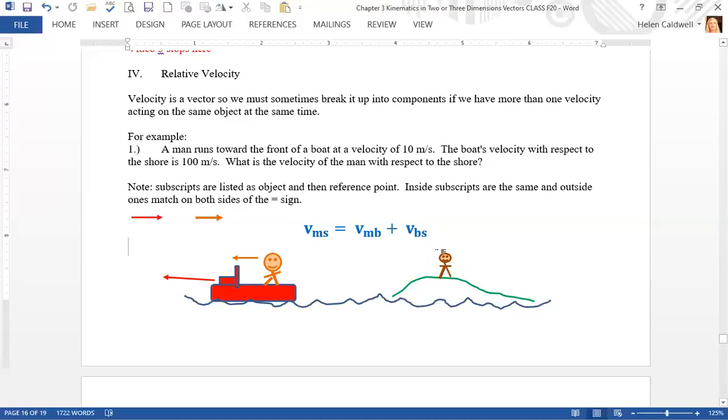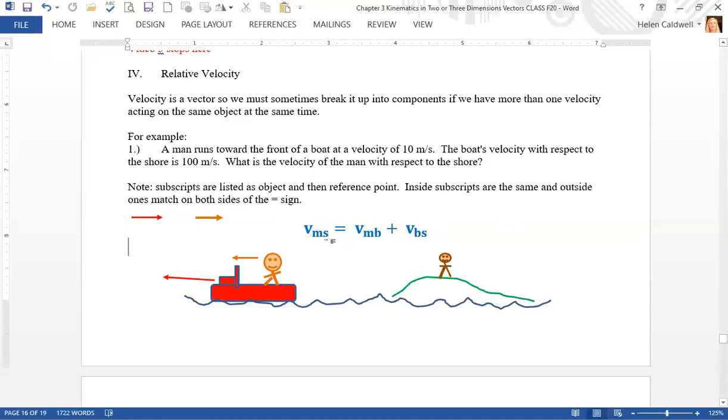So the guy over here standing around watching all of this is going to say, aha, you are moving away from me at 110 meters per second. That's your velocity. When we write it, we would write it with subscripts. The way these are read is the velocity of the man with respect to the shore.